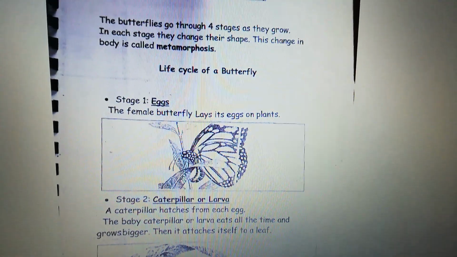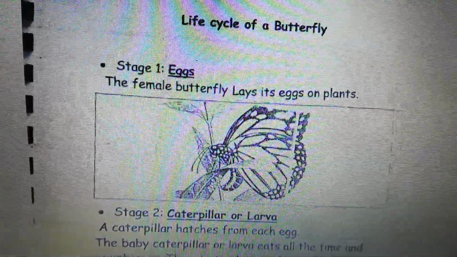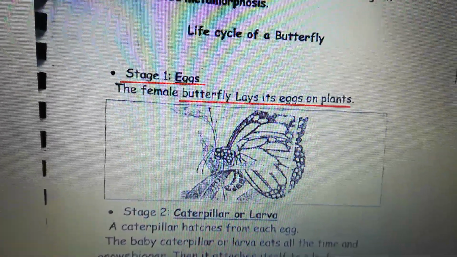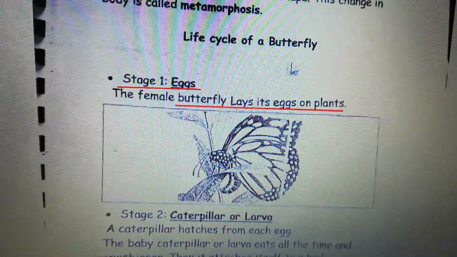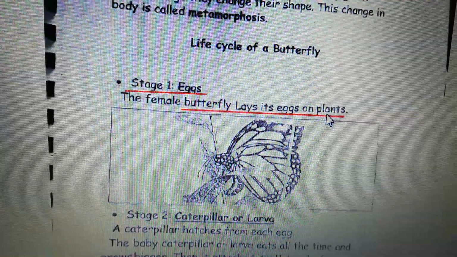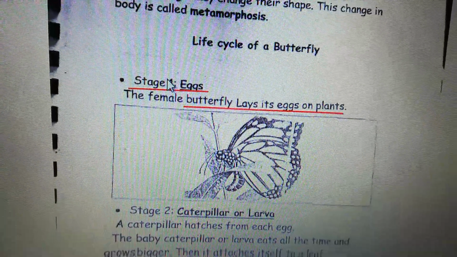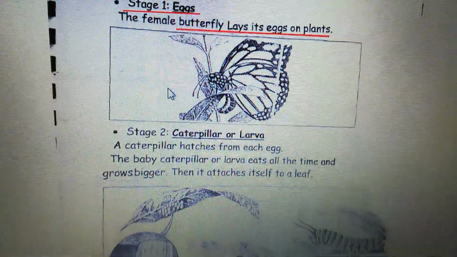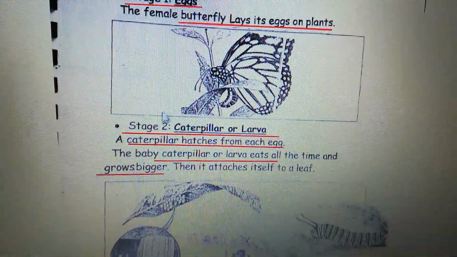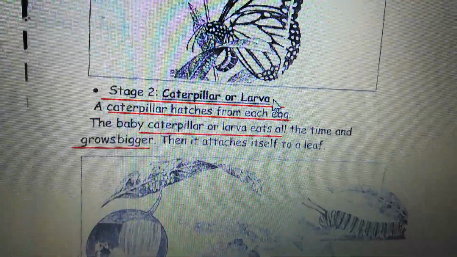So now if you open your books on worksheet 45, we will start with stage 1, which is eggs. The female butterfly lays its eggs on the plant and mainly on the leaves of a plant. This is stage 1. Now stage 2, it becomes caterpillar or larva.